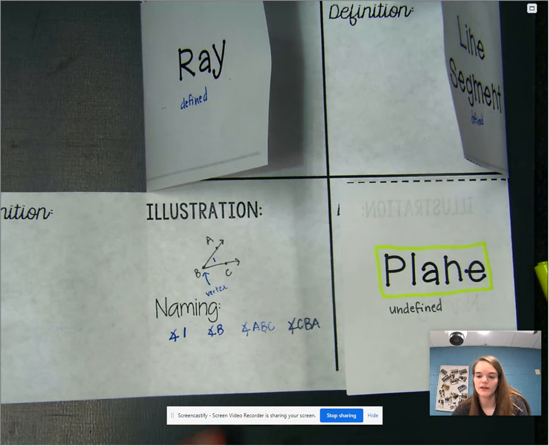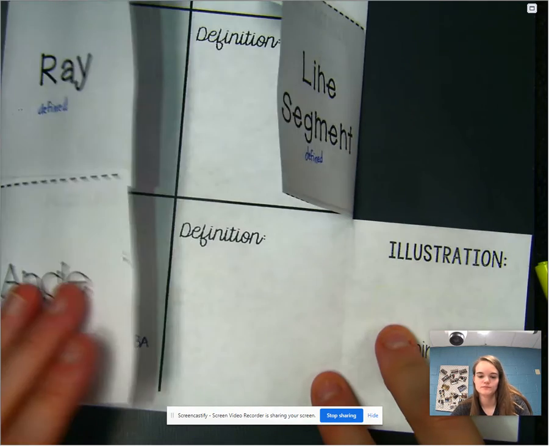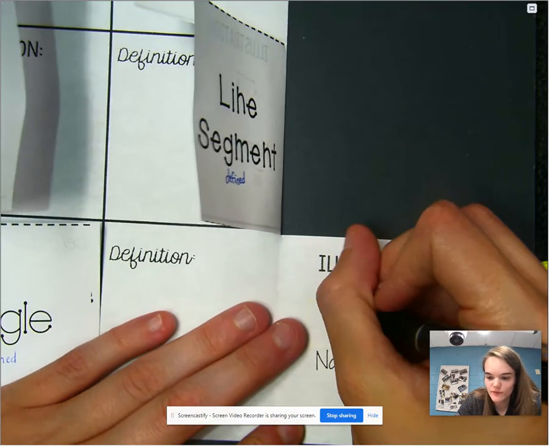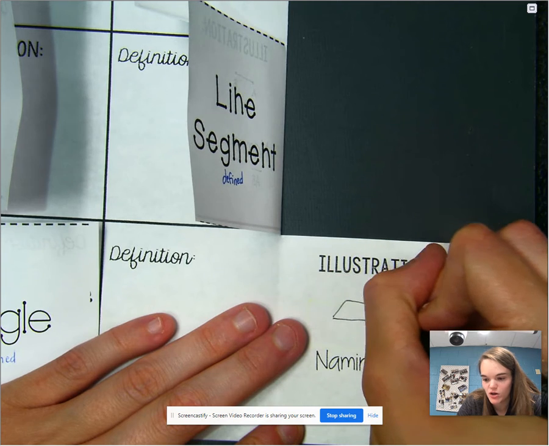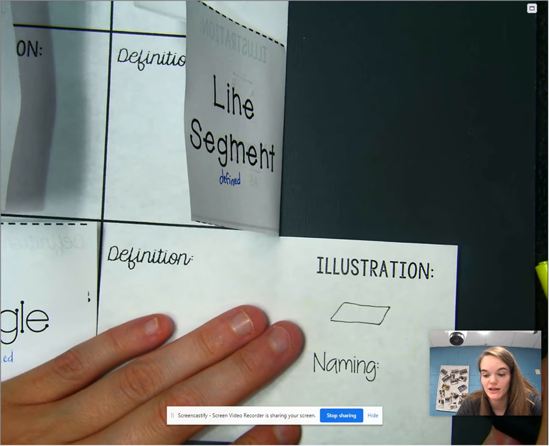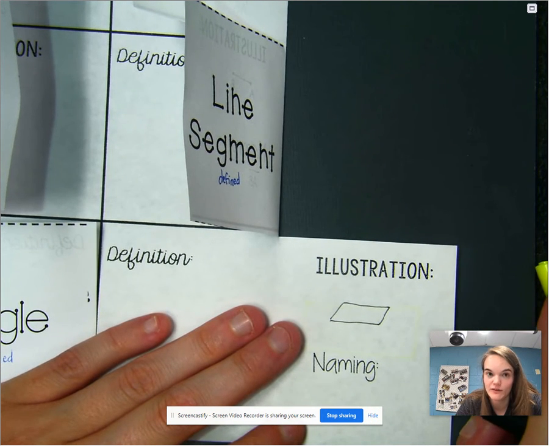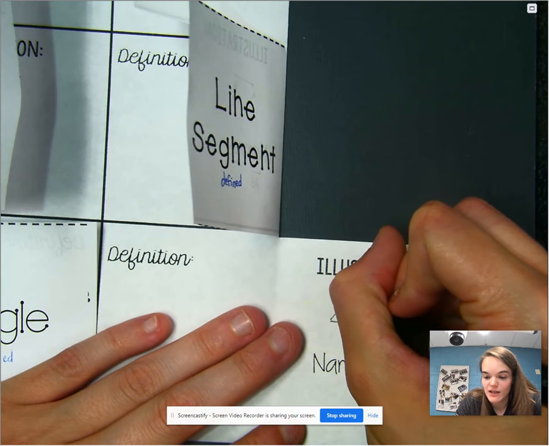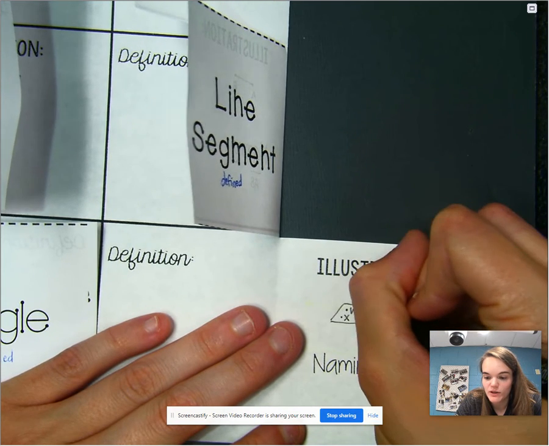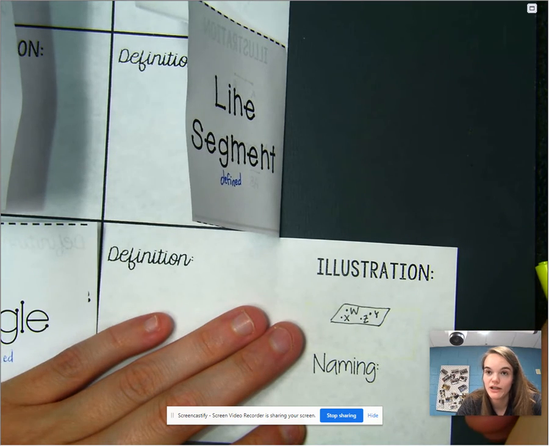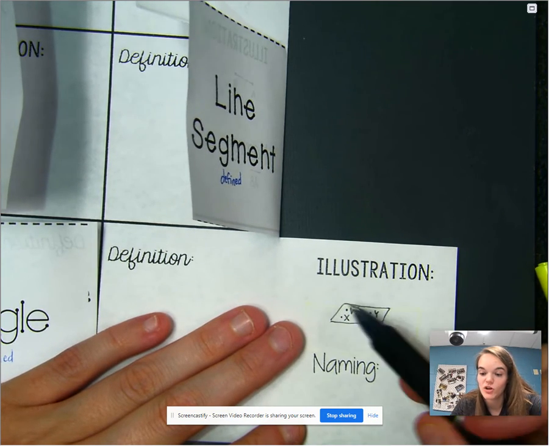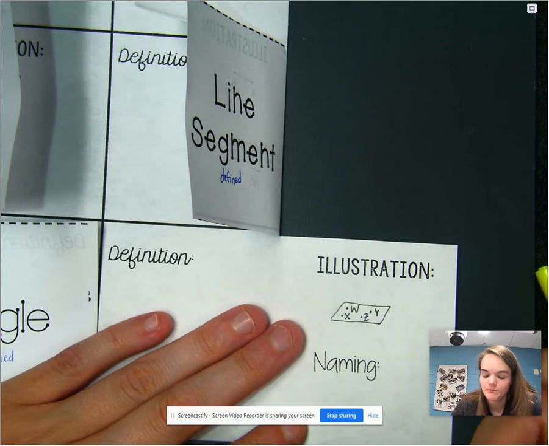All right, now let's talk about plane. A plane is just a flat surface, which is hard to draw. Okay, like a piece of paper is a plane, except a plane goes on forever. To name a plane, you have to have 4 points on the plane, 4 points that are non-collinear, and we're going to talk about what that means, but it means they're not all 4 in a line, okay?